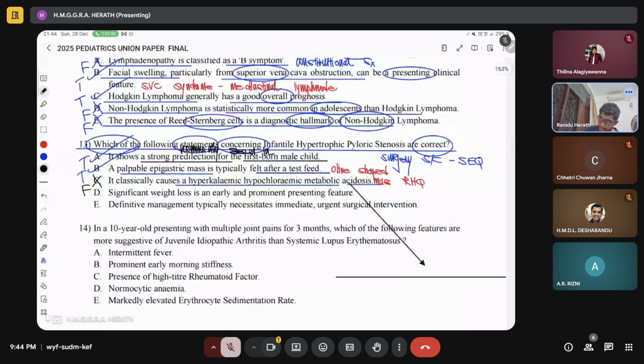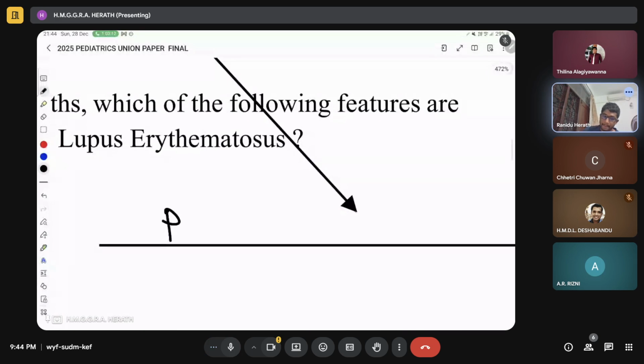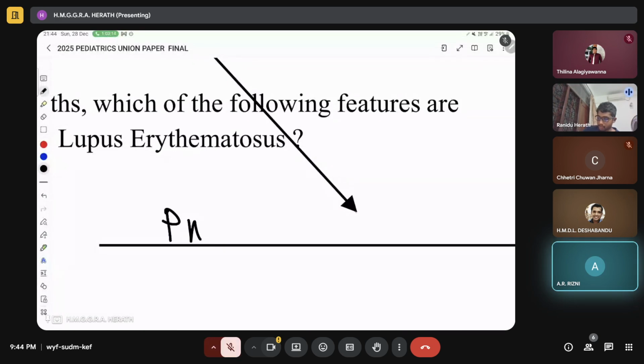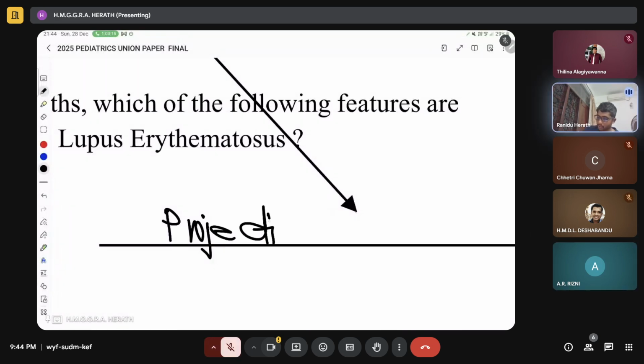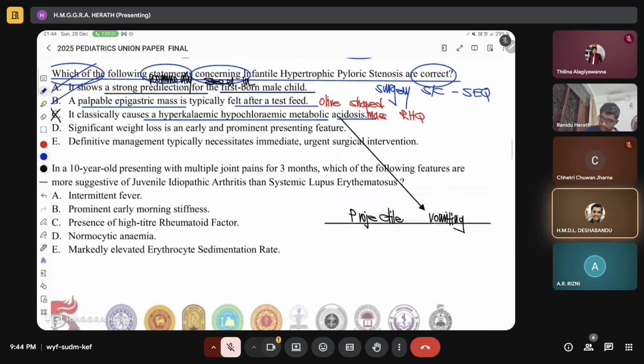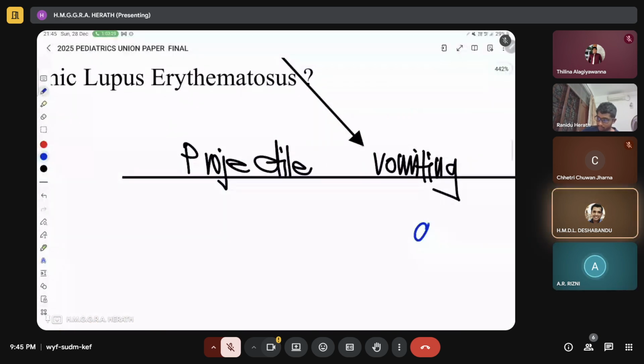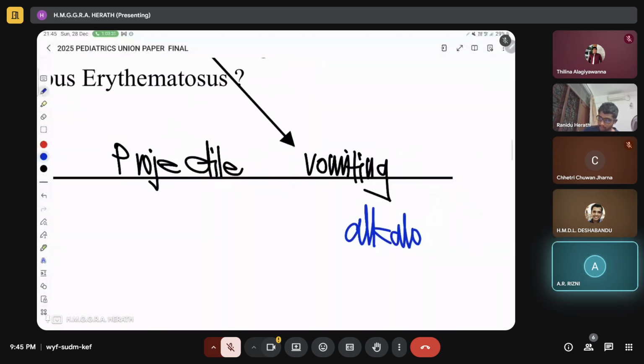Projectile vomiting. If gastric content is vomited out, does it lead to metabolic acidosis or alkalosis? It leads to metabolic alkalosis. Why? Because the stomach contains gastric acid, so if most of that is vomited out, it leads to reduced acidity in the blood, so it causes alkalosis.